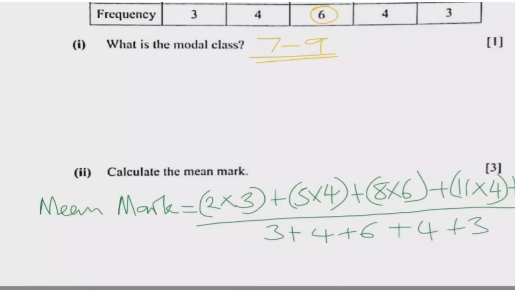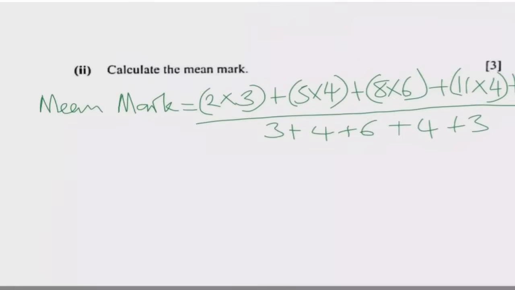Next we evaluate what is on top and at the bottom. 2 times 3 will give us 6, plus 5 times 4 will give us 20, plus 8 times 6 will give us 48, plus 11 times 4 will give us 44, plus 14 times 3, which is 42.